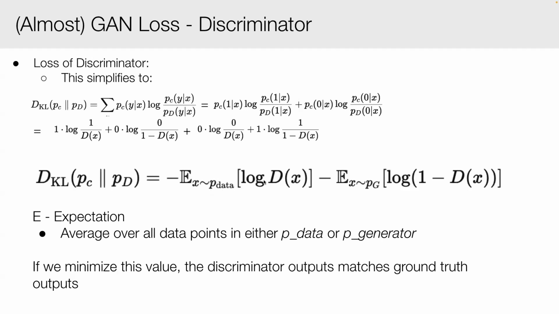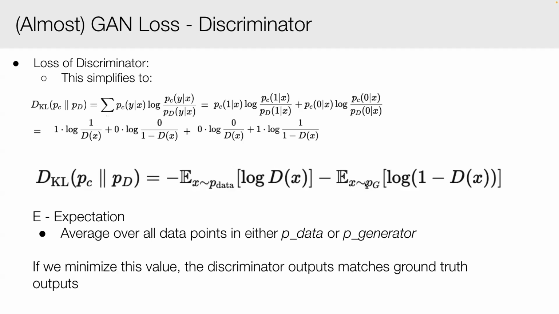So it's related to the log of D of x, right? Sorry, if we sample an image from the data set, again, we want to minimize this term. So if we increase D of x, this term gets minimized, right? So in other words, if we sample an image from the data set, we want D of x to equal 1.